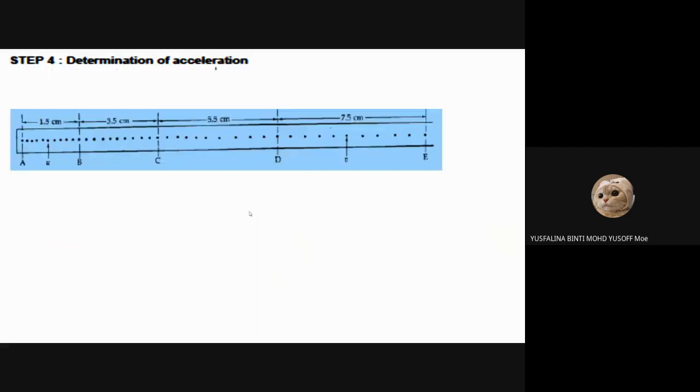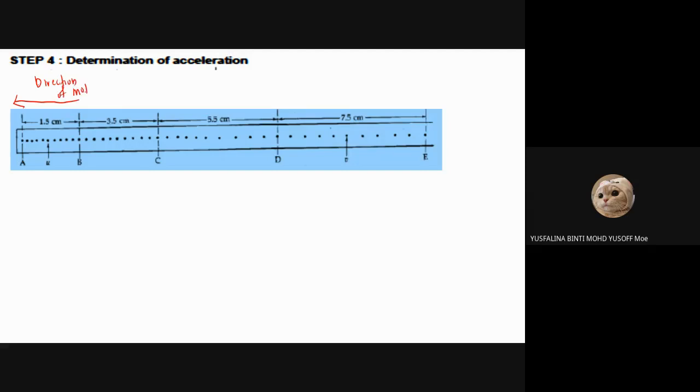So the next one, how do you find the acceleration? Let's say the direction of motion is from right to left.